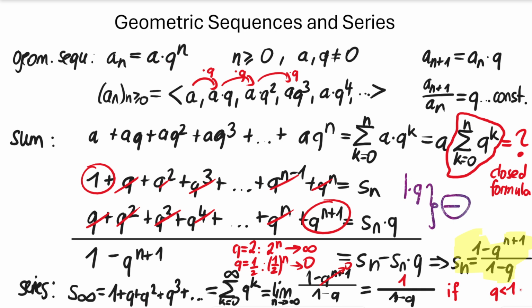And it cannot be more, otherwise it is infinity. But it can also be negative, that's no problem. Then it's just changing the sign, but it must be greater than -1. So we have proven that the sum of infinitely many terms is 1 divided by 1 minus q.